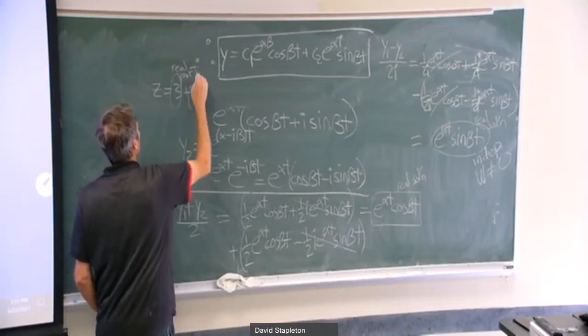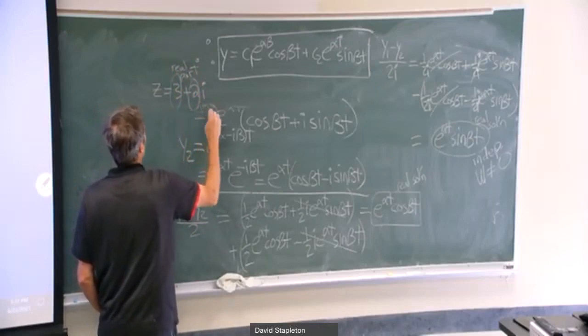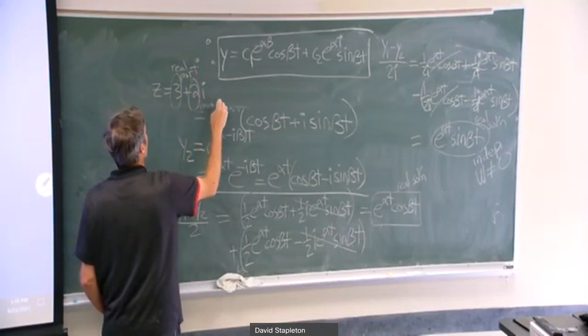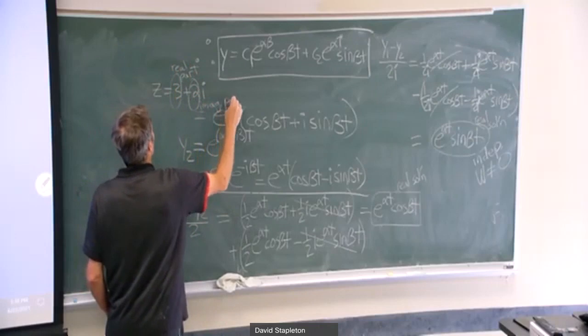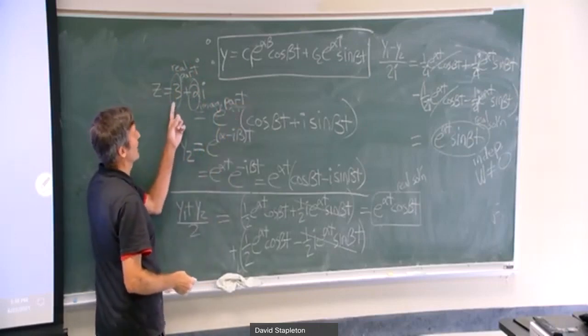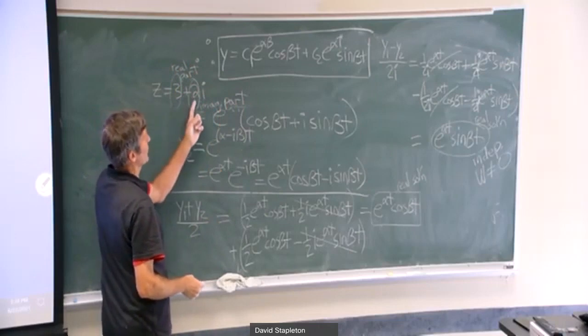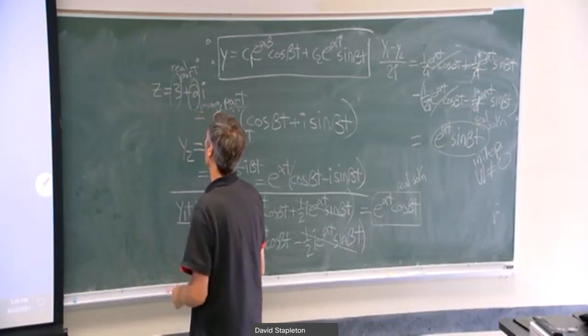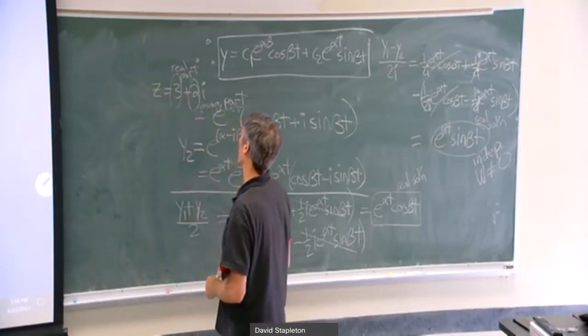And the number that multiplies i is called the imaginary part. It's not actually an imaginary number itself, it's the real number that multiplies i. So when I refer to the real and imaginary parts, I mean the part that has no i in it, and the real part that multiplies i. Neither of these have any i in them.